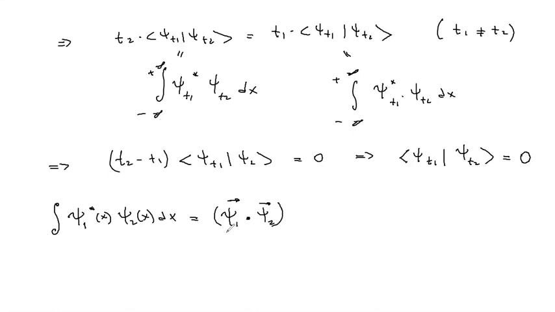So they are like independent, like orthogonal. For the scalar product I would use bracket notation: psi 1 with dot product, or scalar product, or inner product, with psi 2.